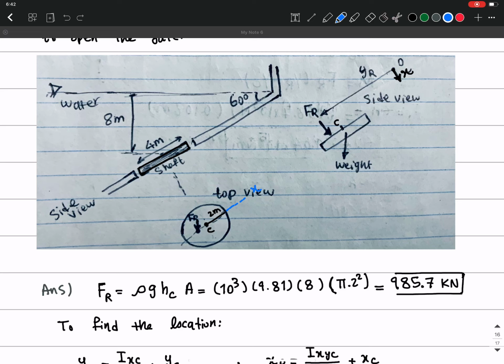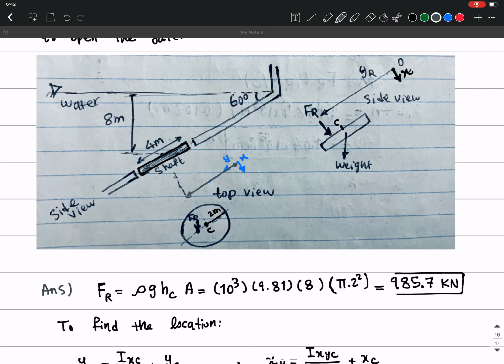So the x of c, whatever it is, say if your coordinate system is from here, so this is gonna be your yc, so let me draw it again.